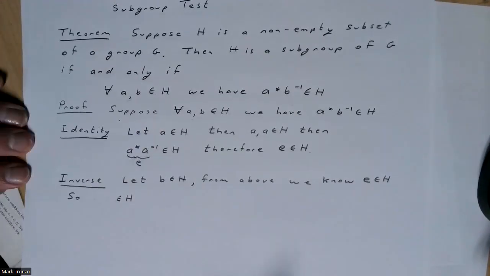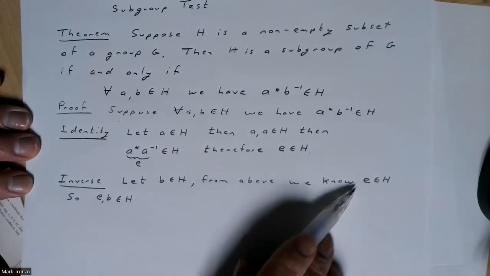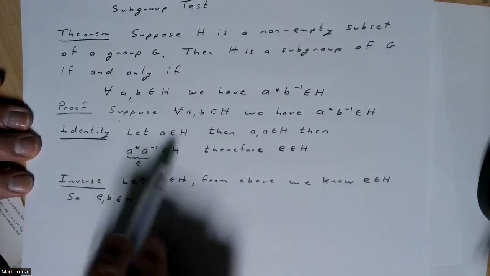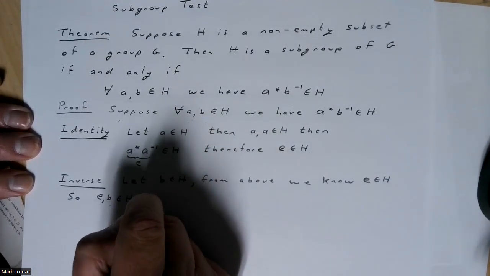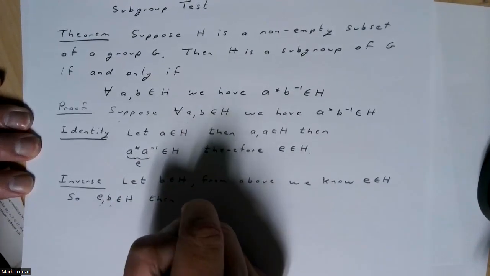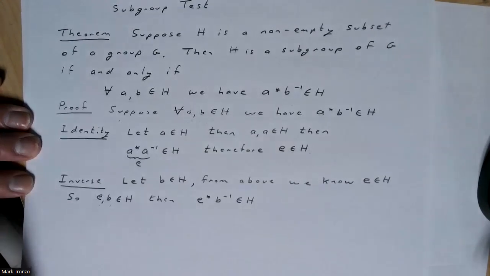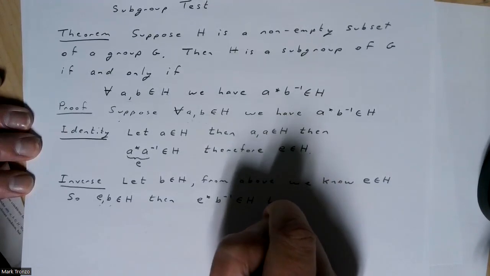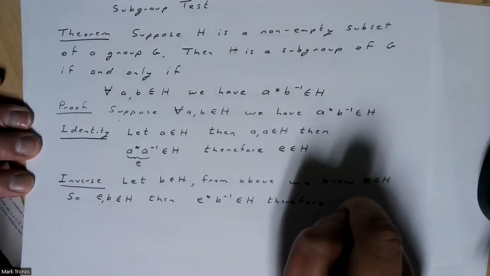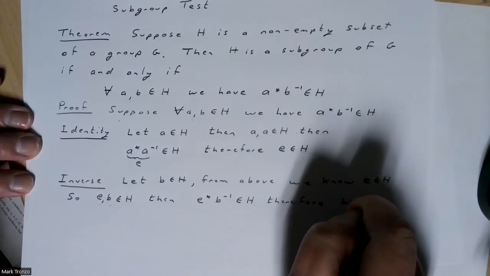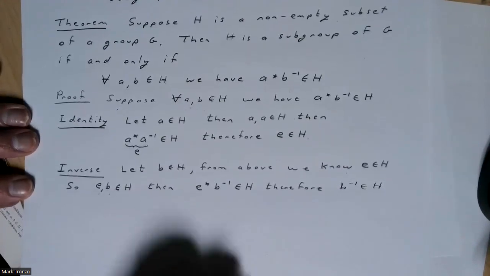It really doesn't matter which way you write it, but for emphasis, we know that the identity is in H, and B is in H. Now, according to our assumption here, if these two are in H, then up here we have E star B inverse is in H. And of course, that's going to be B inverse, therefore B inverse is in H. Finally, closure.